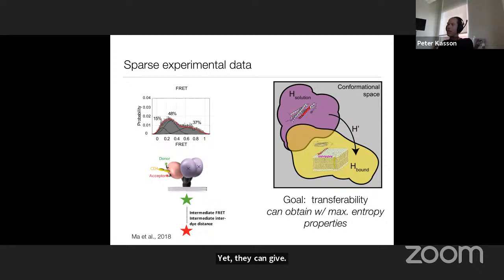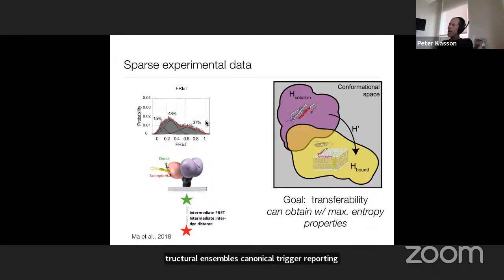these degrees of freedom. And so that's shown on the left with some single molecule FRET data from the laboratory of my colleague, Walter Mothis. What we want to do is be able to take these sparse data and use them to infer the structural ensembles of, or infer as much information as we can about the structural ensembles of the molecules that they're reporting on.